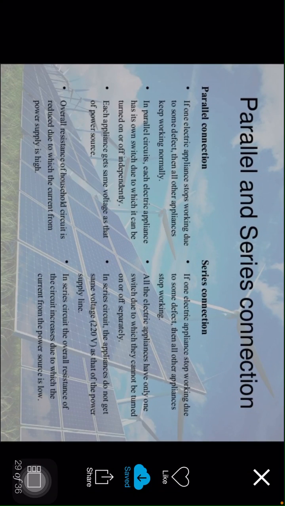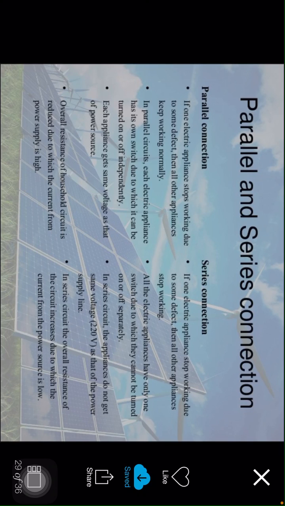So, observe children, the differences between parallel and series connections. In a parallel connection, if one electric appliance stops working due to some defect, all the other appliances keep working normally. In a series connection, if one electric appliance stops working due to some defect, all the other appliances stop working. In a parallel circuit, each electric appliance has its own switch, due to which it can be turned on or off independently.